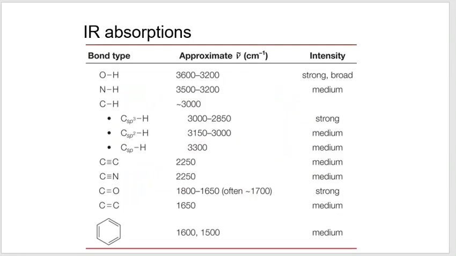There are correlation tables. This is an example of a correlation table for IR, where it gives you the wave number and then the functional group that you would find at that wave number.